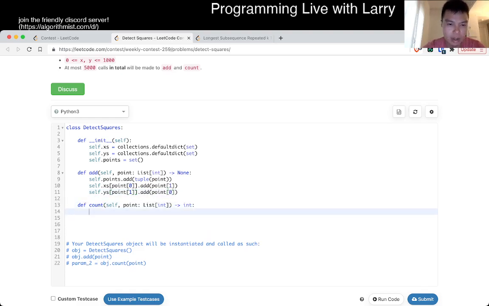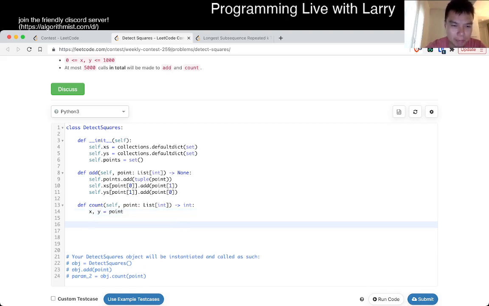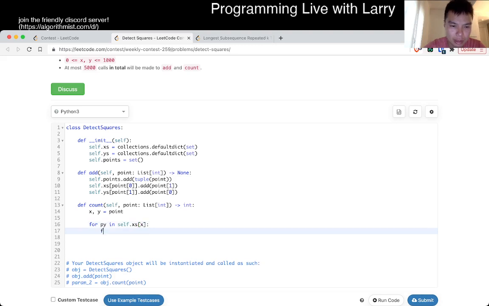Okay, and then now I can do something like set down the data too. Okay. For possible y and possible x inside that.